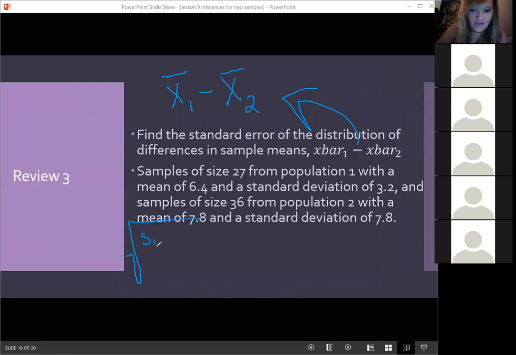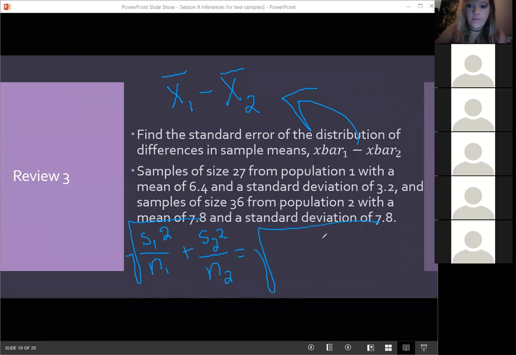So remember, we're going to have our S1 squared divided by our N1, so our sample size of the first one, plus S2 squared divided by our sample size for the second.